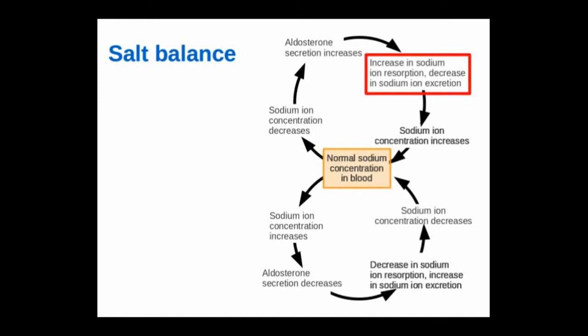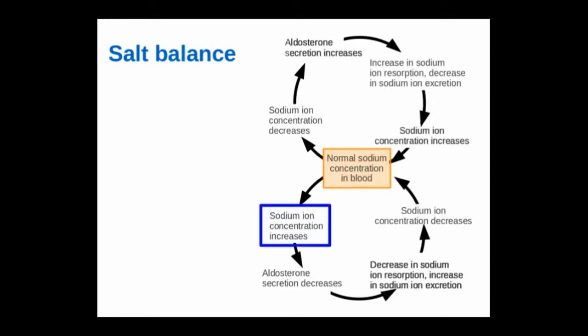In the nephron, in the tubules of the nephron. Now, there's also a decrease in the excretion of sodium ions as the filtrate passes through the nephron. So therefore, the sodium ion concentration of the blood increases, and following this decrease, then through this process, normal sodium ion concentration in the blood is restored.